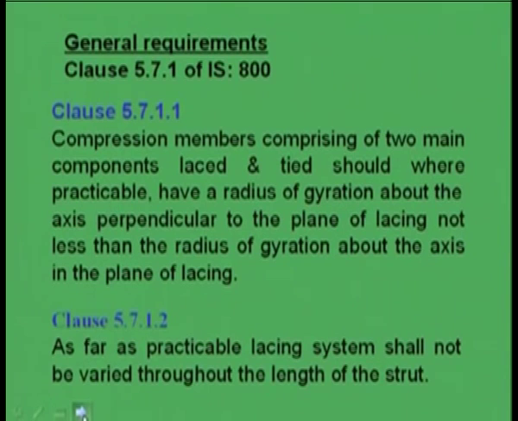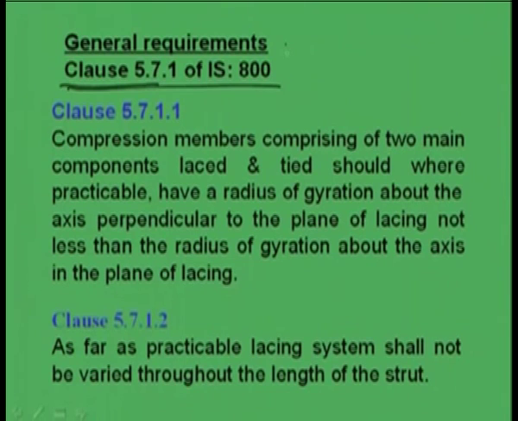For designing, we first have to see what the constraints are, what guidelines have been given by the code. Code means IS 800, 1984. In IS 800, the general requirements are given in clause 5.7 about lacing and battening systems. In 5.7.1, the general requirement of the lacing system is given.